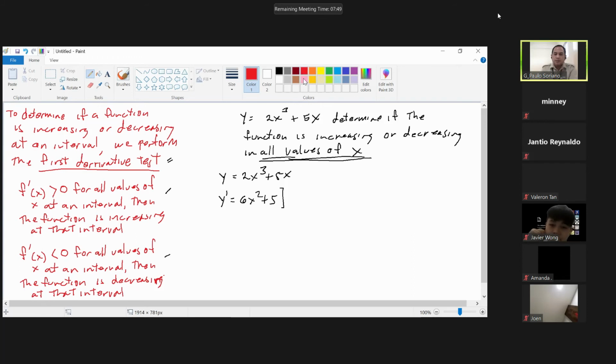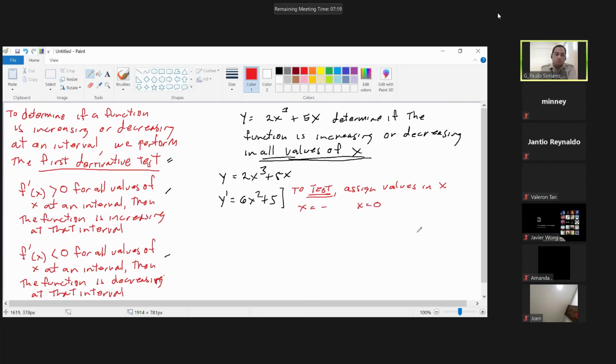So to test, we need to assign values in x. It's just a test. So we can test when x has a negative value, x is equal to 0, and x is a positive value.